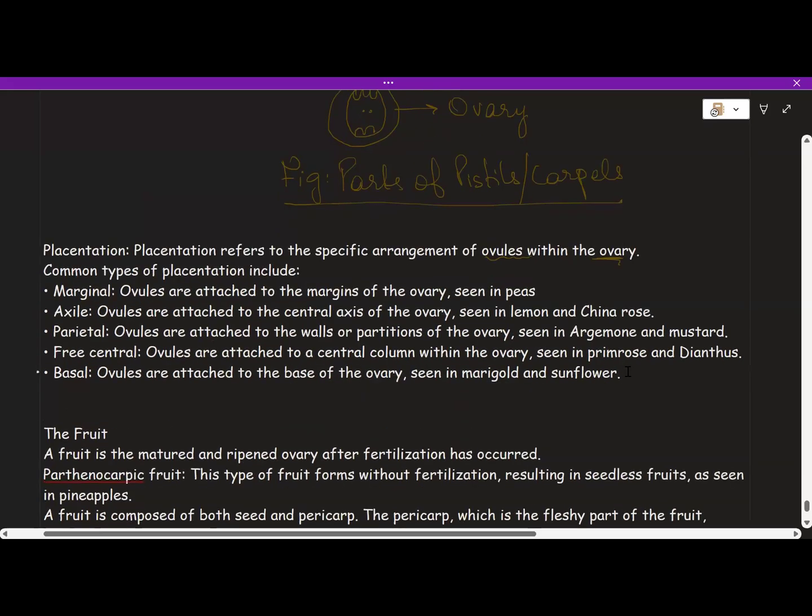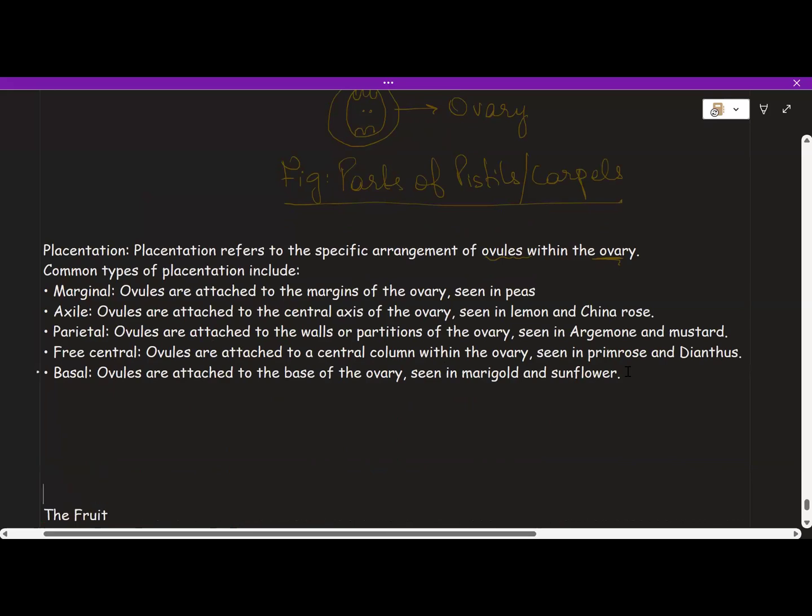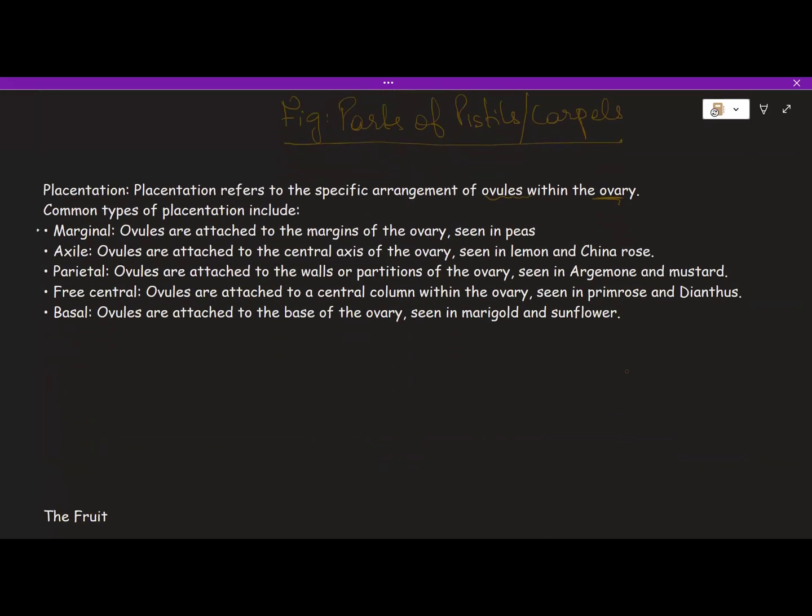Basically, the first one is the marginal placentation. Just like how many of you have seen the green peas? There are seeds like this, isn't it? The peas.